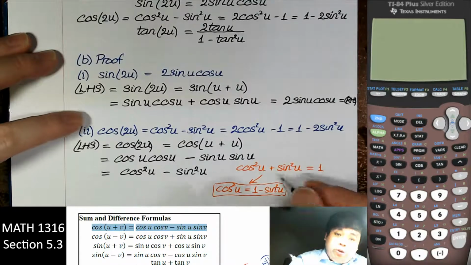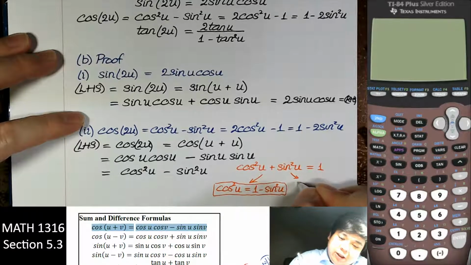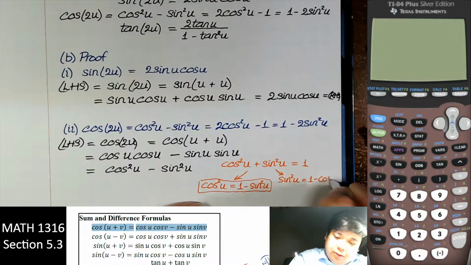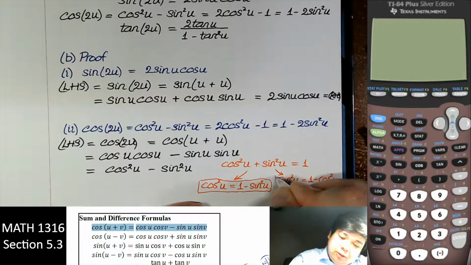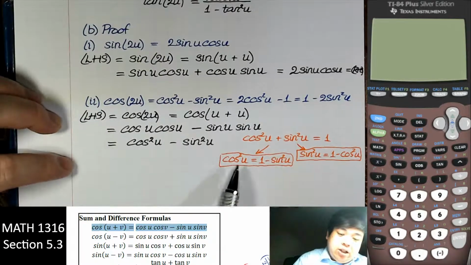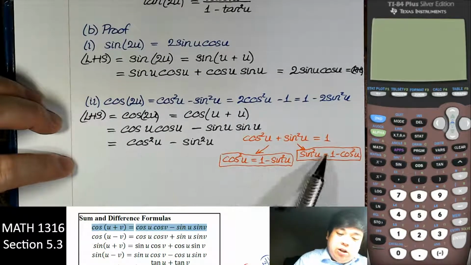Or if we want to solve for sine square, sine square equal to 1 minus cosine square.